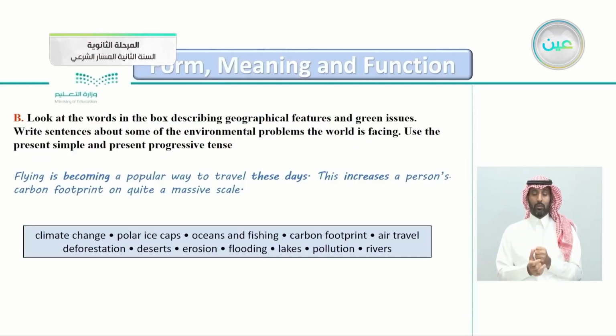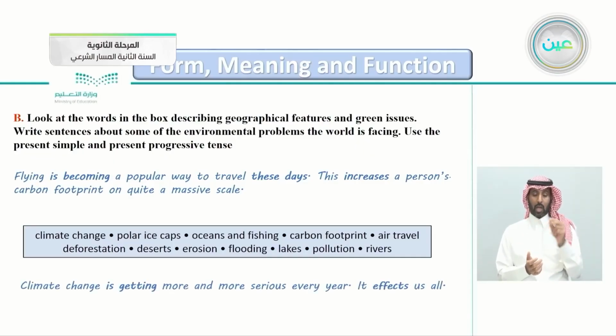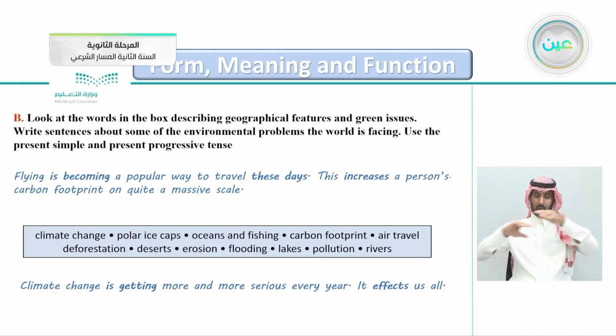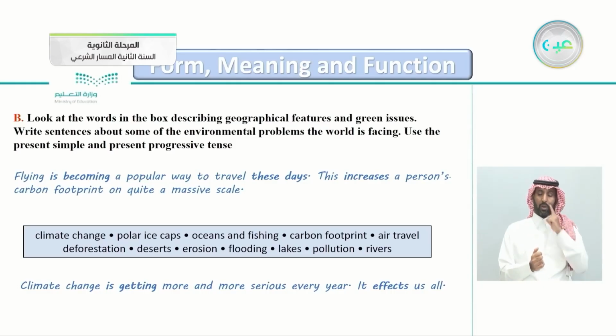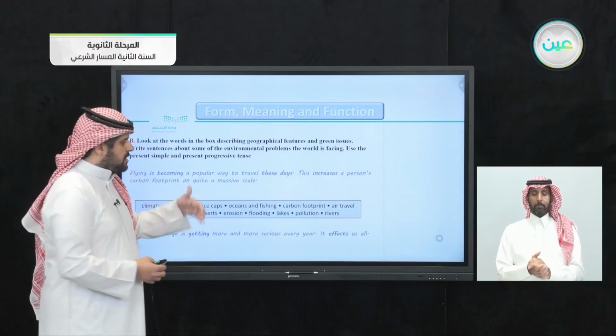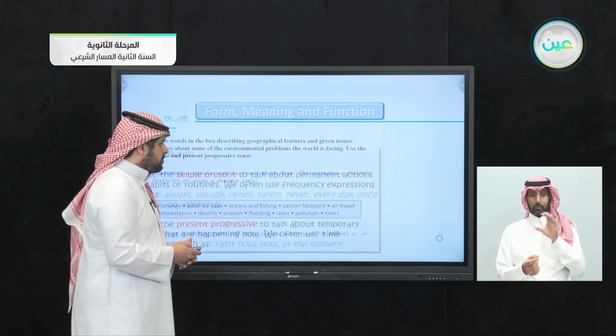We are just going to take one here. For example, you can say climate change is getting more and more serious every year because it affects us all. Again, climate change is getting more and more serious every year. It affects us all. So I use the present progressive and the present simple. And you can continue with all of them.